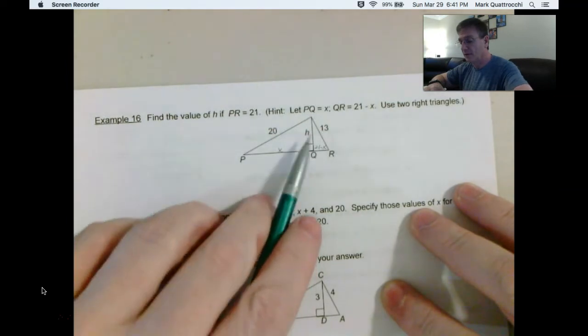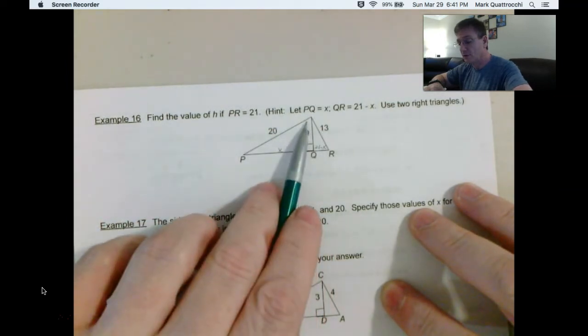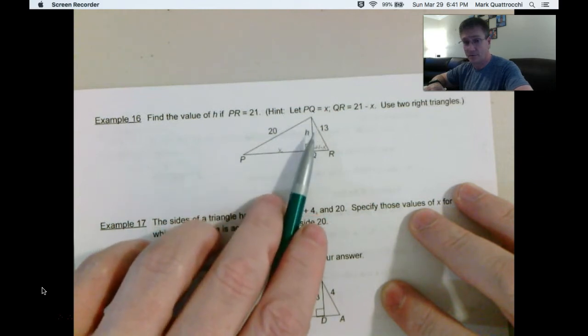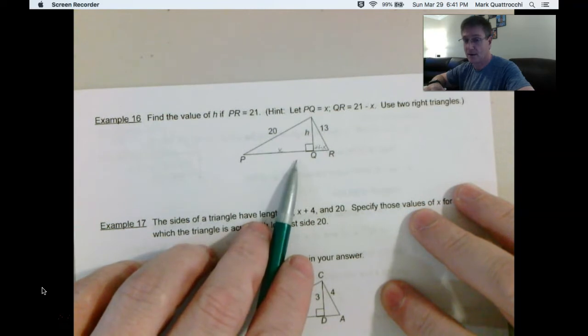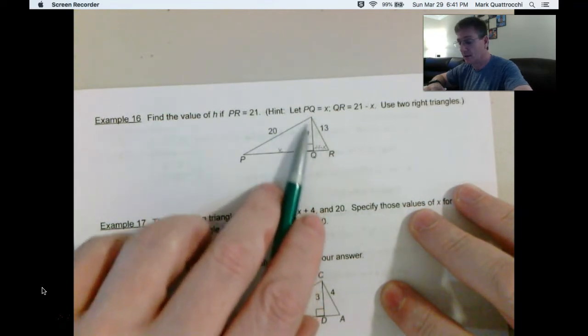Then we're going to have to find the value of h this way. Now, notice we're not told that this is a right angle up here. And in fact, it wouldn't be. 13, 20, 21 is not a Pythagorean triple. So this is not a right angle up here.